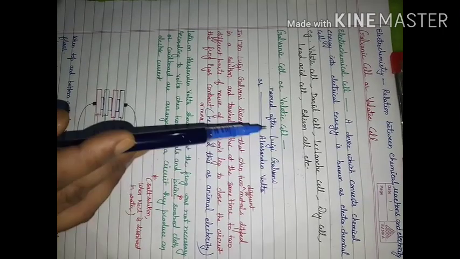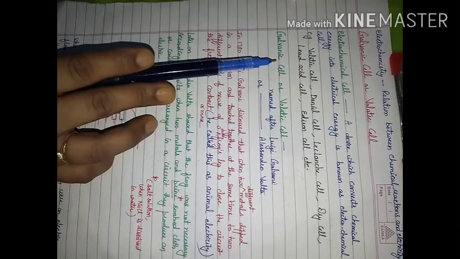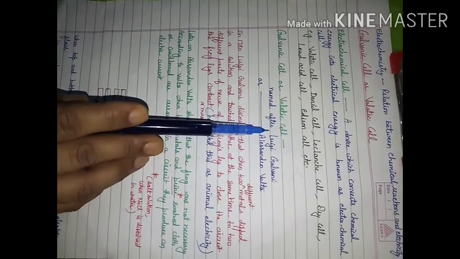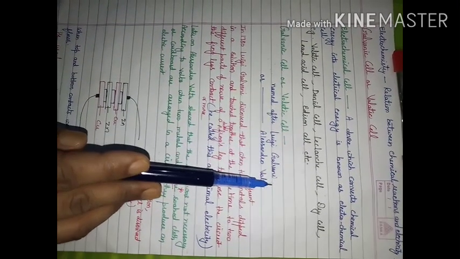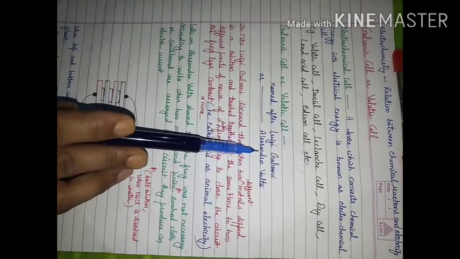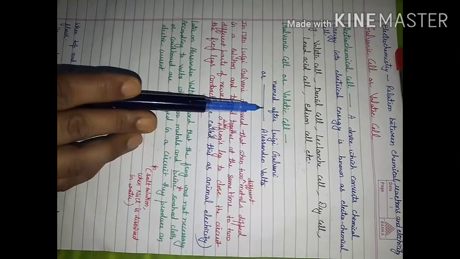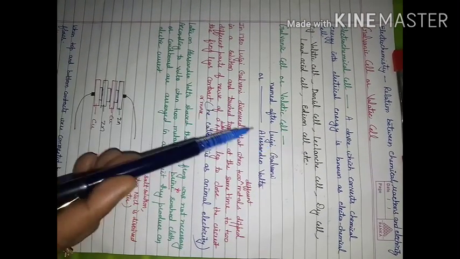In this case we will consider the galvanic cell or voltaic cell. The galvanic cell is named after Luigi Galvani, and the voltaic cell is named after Alessandro Volta. There is not a difference between these two cells. How do they differ?